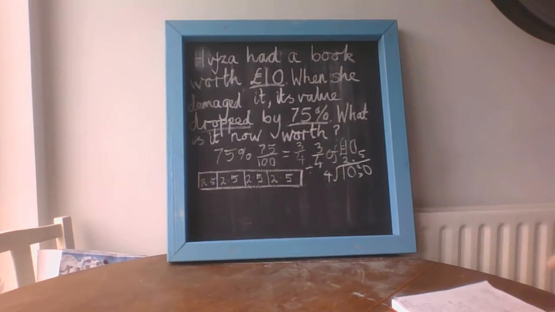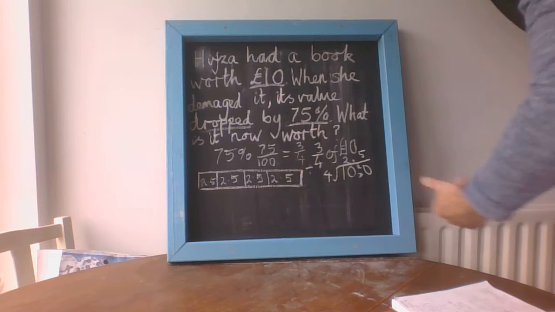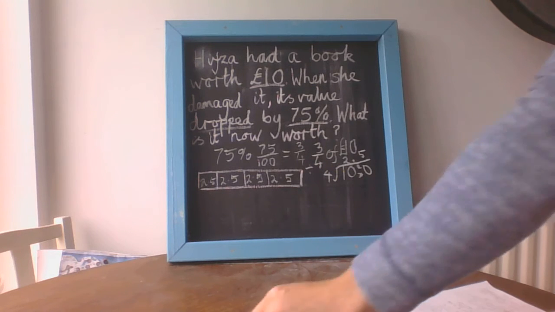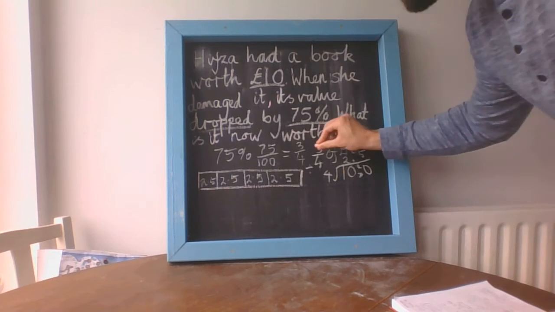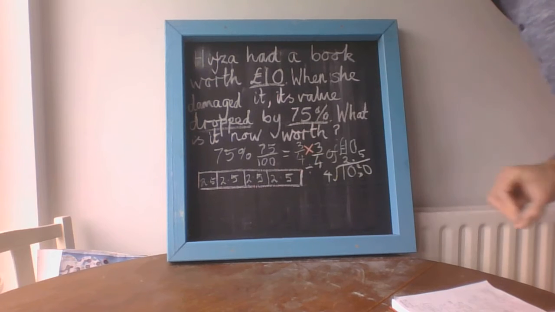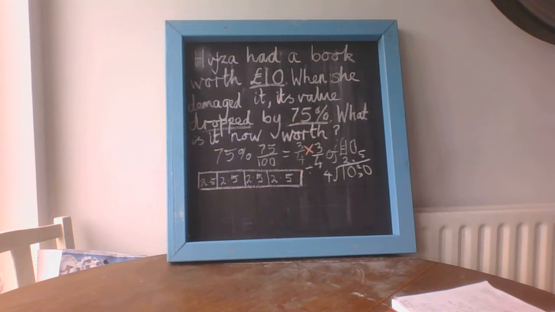However, we're not just interested in one of those quarters, we want to find 3/4, 75%. So remember, we divide by the denominator and then times by the numerator.